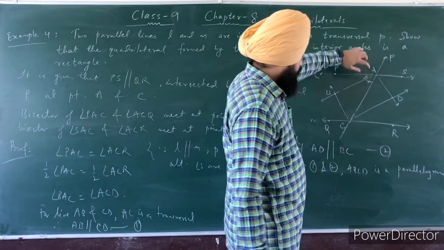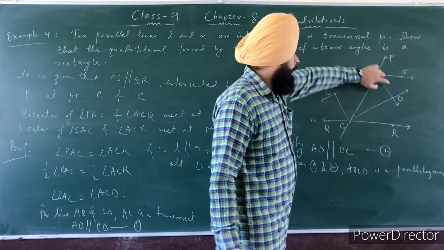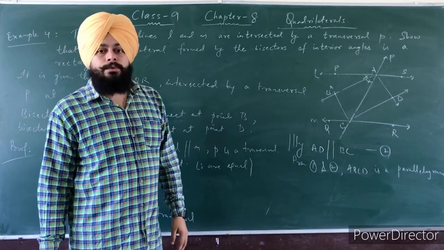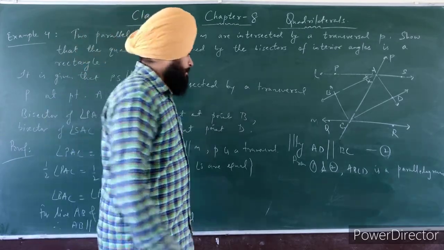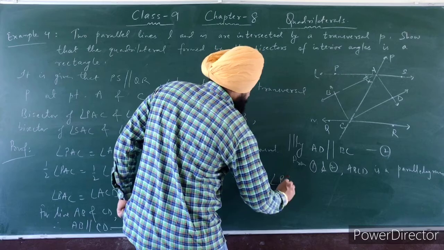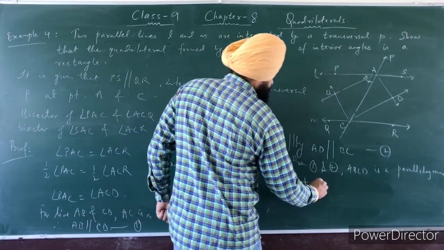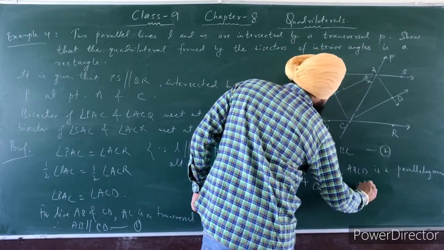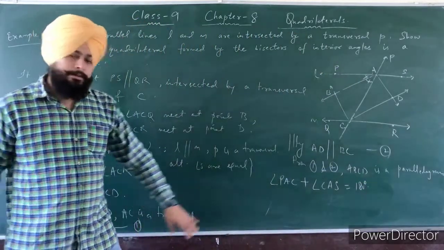So now you can see here, we can prove that angle BAD is equal to 90 degrees. So you can write here angle PAC plus angle CAS is equal to 180 degrees. लिख सकते हो इसे?